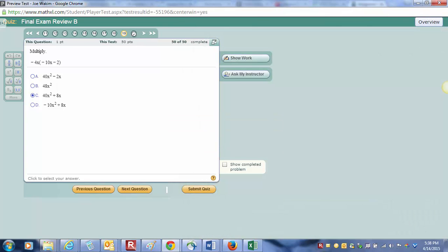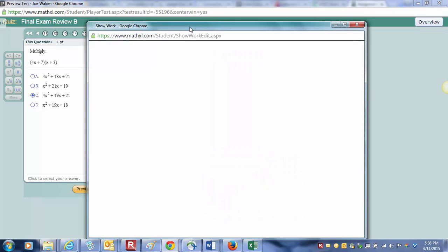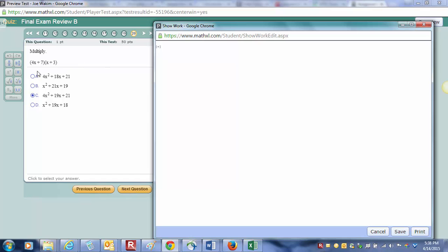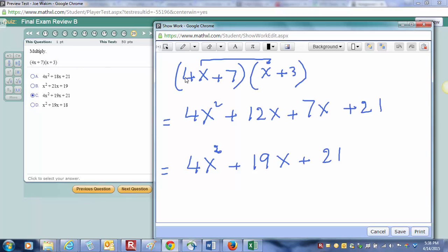Number 20. We've got to multiply. And here we can start by multiplying 4x times x, which will give me 4x squared. Notice that this is a 1 and this is a 1. So 1 plus 1 will give me 2. 4x times 3 will give me 12x. 7 times x, 7x, and 7 times 3, 21.